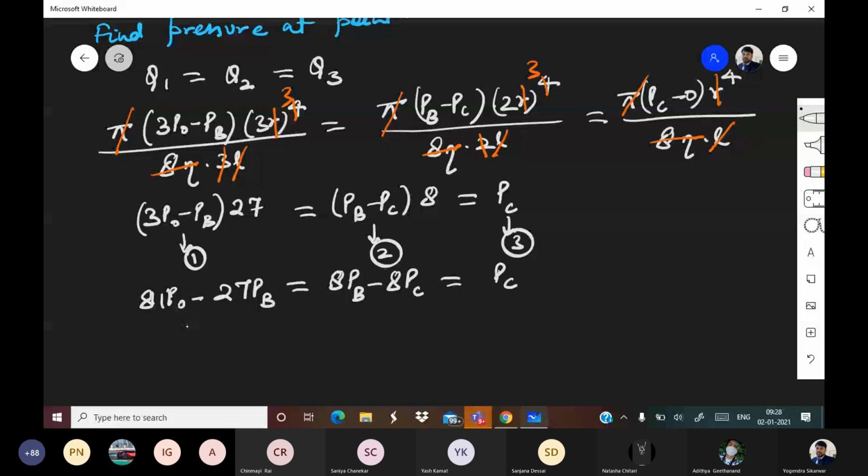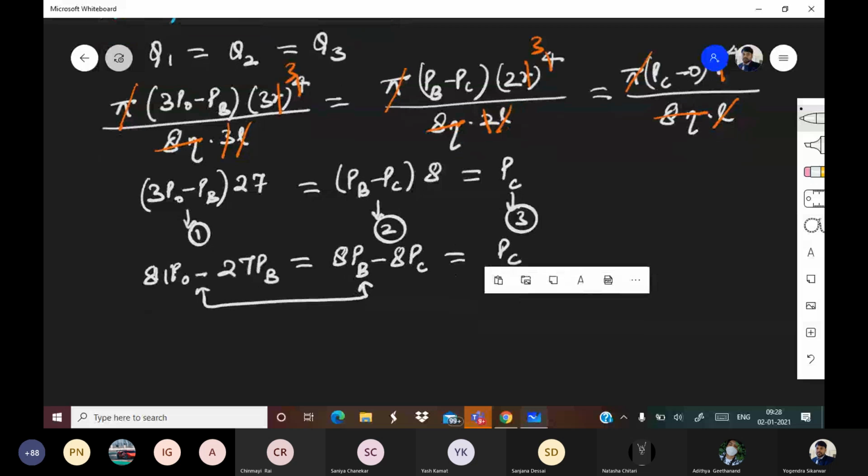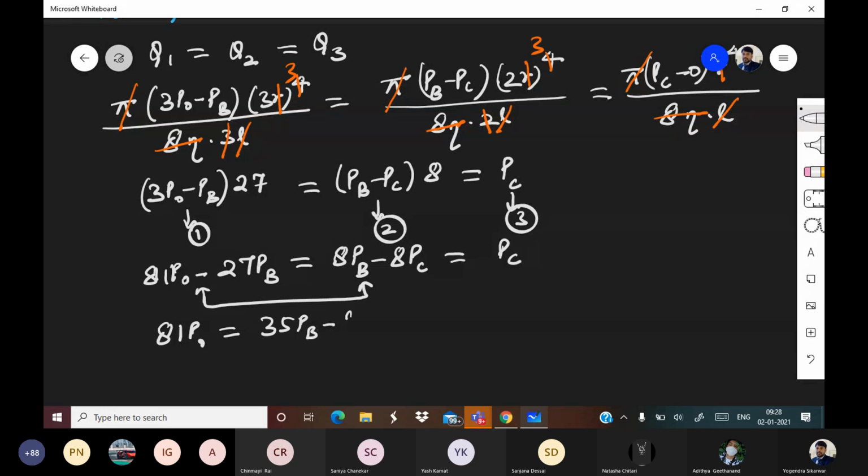So now when you're comparing this with this, you'll get one equation. And what will be that equation? 81 P naught is equal to, now 27 PB plus 8 PB, that means 35 PB minus 8 PC. Equation number 1.